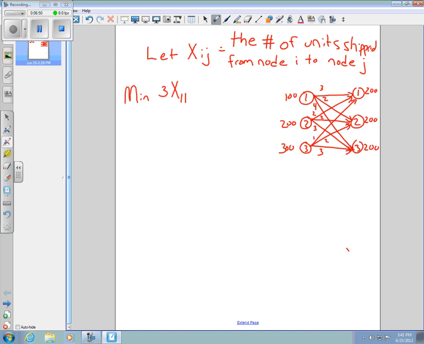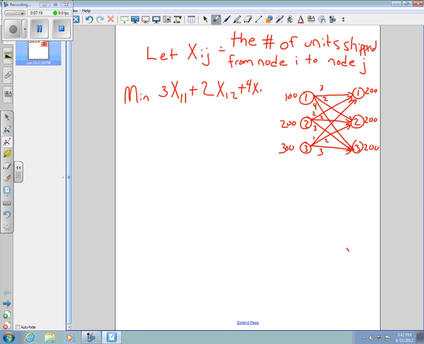This 3x11 represents the total amount of money I'm going to spend shipping units from origin 1 to destination 1. Similarly, when I add 2x12, 2x12 is the amount of money I'm going to spend shipping units from node 1 to node 2. And so it goes. I'm going to write the rest of these expenses.